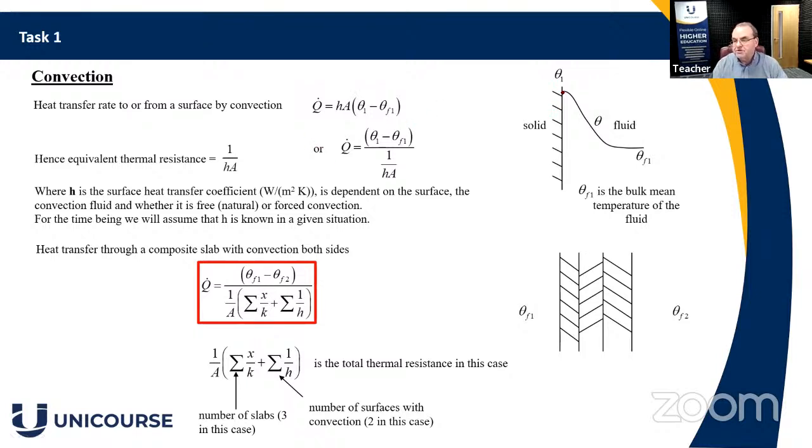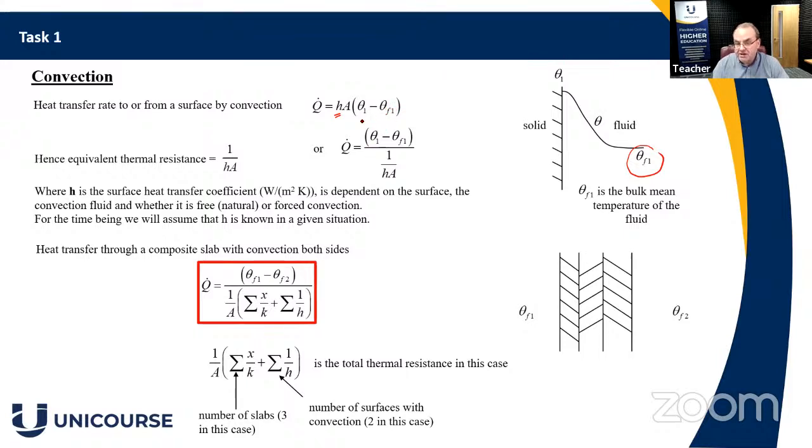So we're now talking about convection away from the solid surface into the bulk of the fluid. So there's a temperature gradient there. Given a typical temperature gradient, where theta F1 is the bulk mean temperature of the fluid, away from the surface that we're trying to investigate, the heat transferred by convection, Q, is equal to something called H, we'll discuss H in a minute, times the area, times the temperature difference between the surface and the bulk mean temperature of the fluid.